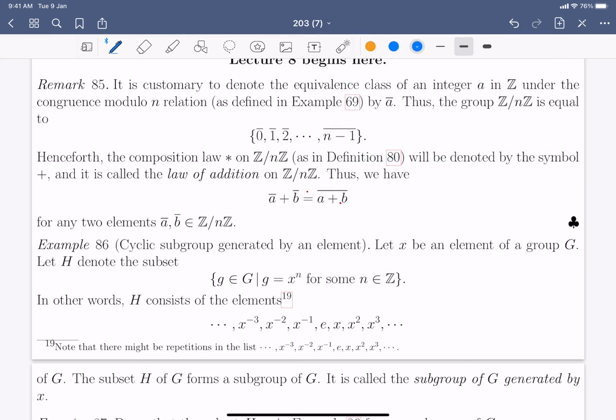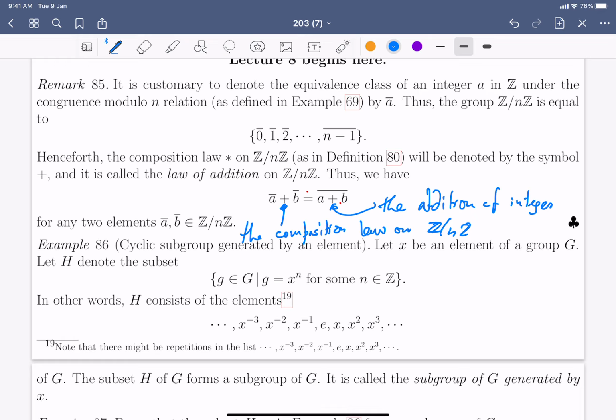Let me indicate: this denotes the composition law on Z mod nZ, and this denotes the addition of integers. So please be very careful. They look the same, but they are certainly not the same objects, not the same operations.